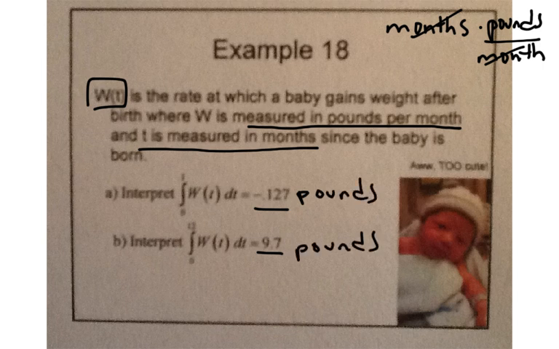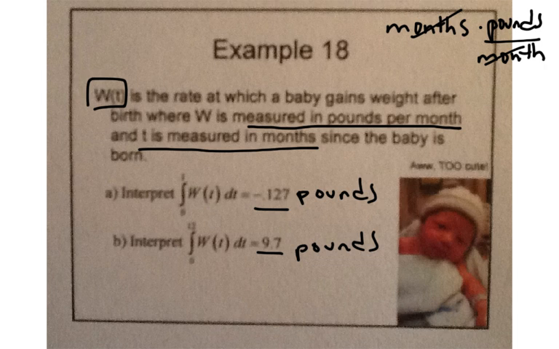So what does it mean if the integral from 0 to 1 of W of t dt is negative 0.127 pounds? That means from 0 to 1 in months, so during the first month, this baby loses 0.127 pounds, which is common for a baby to lose a little bit of weight during the first month.